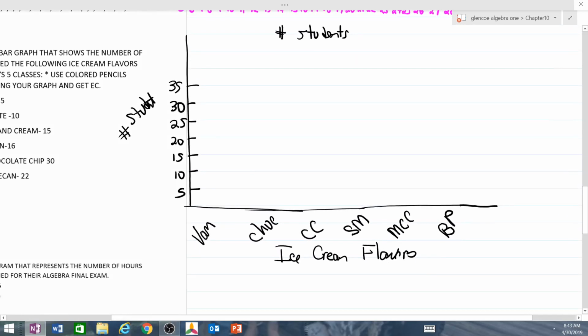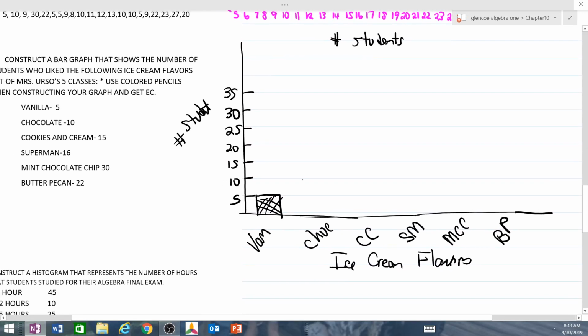So we had 5 people that liked vanilla. So I'm going to make a bar right here under vanilla, and I'm going to color it in. Okay, how many people like chocolate? 10. How many people like cookies and cream? Sorry. 15.